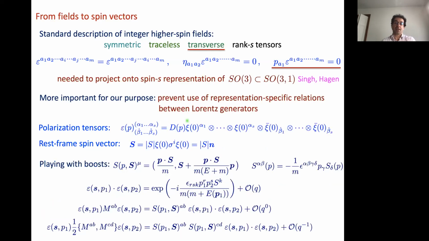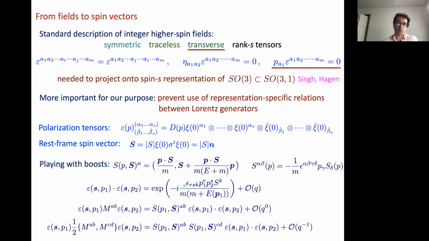So with this in hand, we can play a little bit with boosts and derive a number of cute relations like these, which are not valid in general. They are valid strictly in the classical limit, and the terms that are being ignored are written here as order Q. This is in the scaling I was describing a few slides ago. The thing to see is that the product of two polarization vectors is a pretty complicated function of the spins.